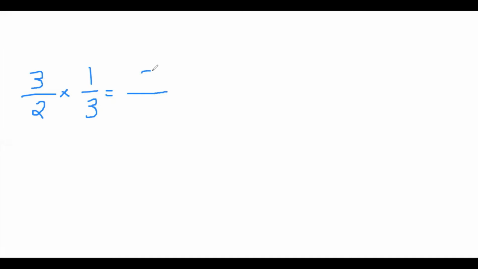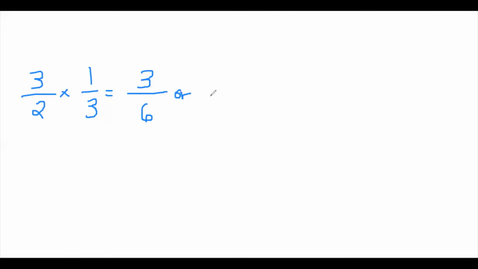So 3 times 1 is 3, and 2 times 3 is 6. So we have 3 over 6. Do not forget to simplify, as we discussed in my previous video, that every answer related to fractions, you should simplify, no matter what.